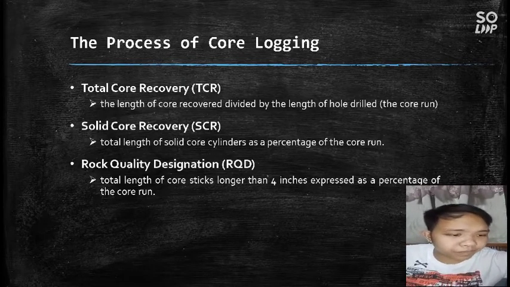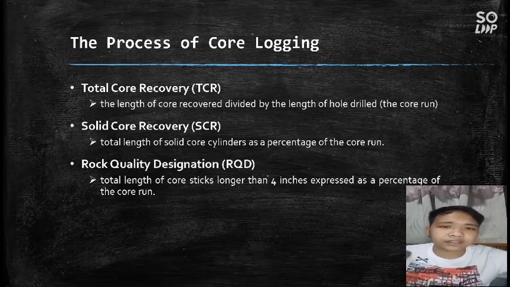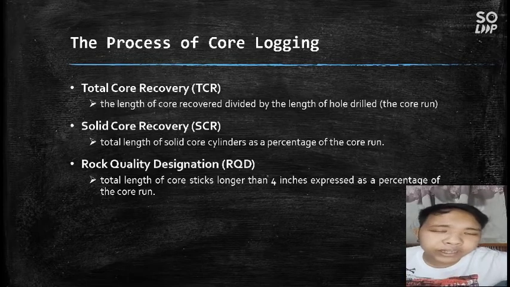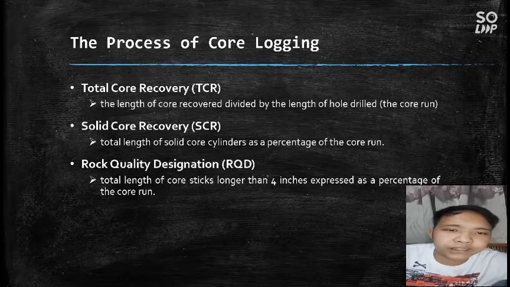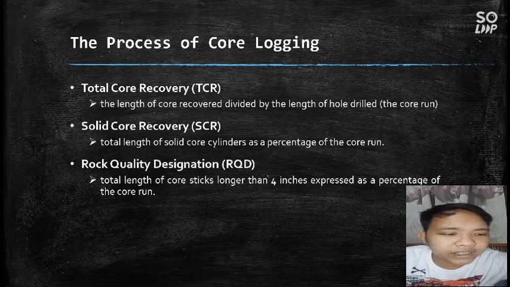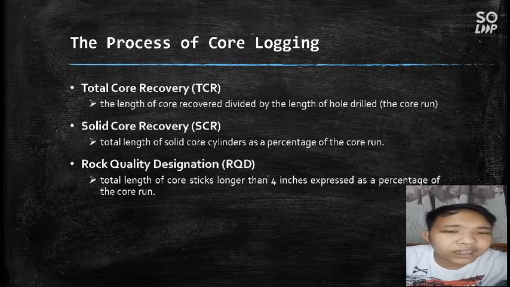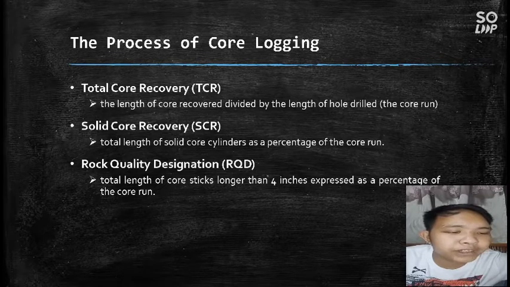The total length of solid core cylinders is the length of the cylinders in the box wherein the cores are placed, over the core run. Next is the rock quality designation: the total length of core sticks longer than 4 inches expressed as a percentage of the core run.